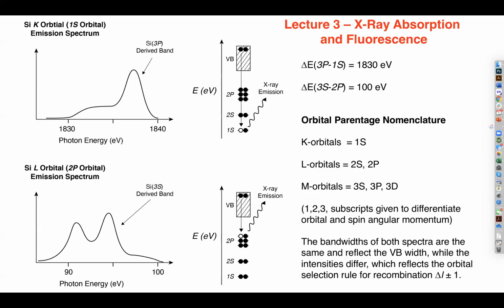the peak intensity tells you about the symmetry of the transition. You have to do plus or minus 1 in the orbital angular momentum. So if you create a 1s hole, the recombination has got to come from a p orbital wave function, a wave function that has p orbital symmetry. And so on the top, the big intense band at the highest fluorescence energies, which is the top of the valence band, that band is really p orbital derived.